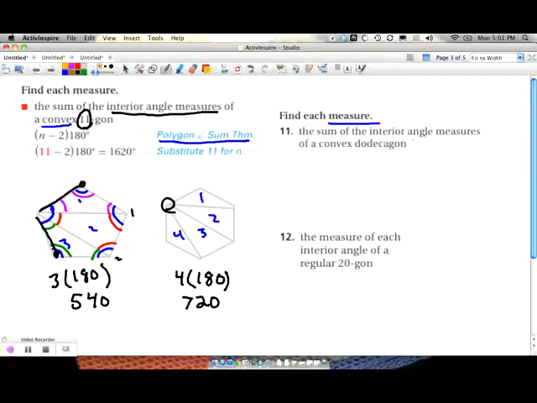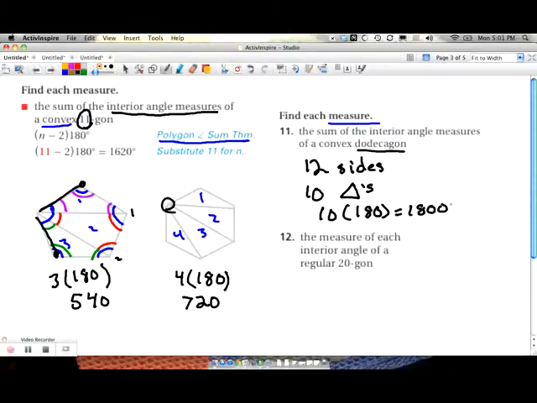So this next one, it says a dodecagon. Well, dodecagon is 12 sides. That means 10 triangles. That means 10 times 180, which equals 1800. It's that easy.